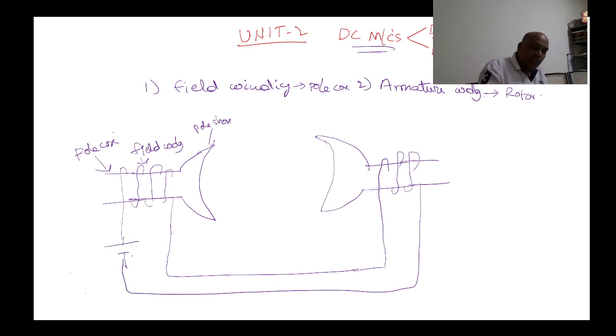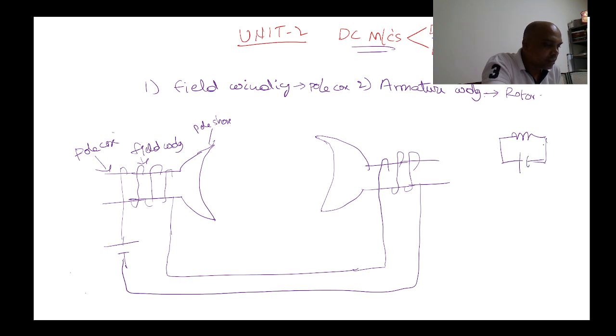Which type of supply is given to the field winding? Always we give DC supply to the field winding, whether it is a DC machine or an AC machine. If you give DC supply, which type of magnetic field is developed? We already discussed this in the starting class. Suppose you take a winding and apply DC supply.